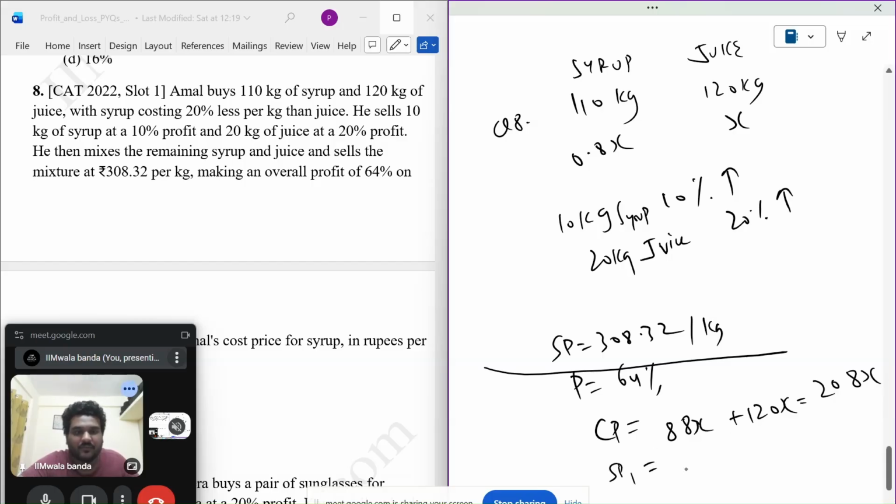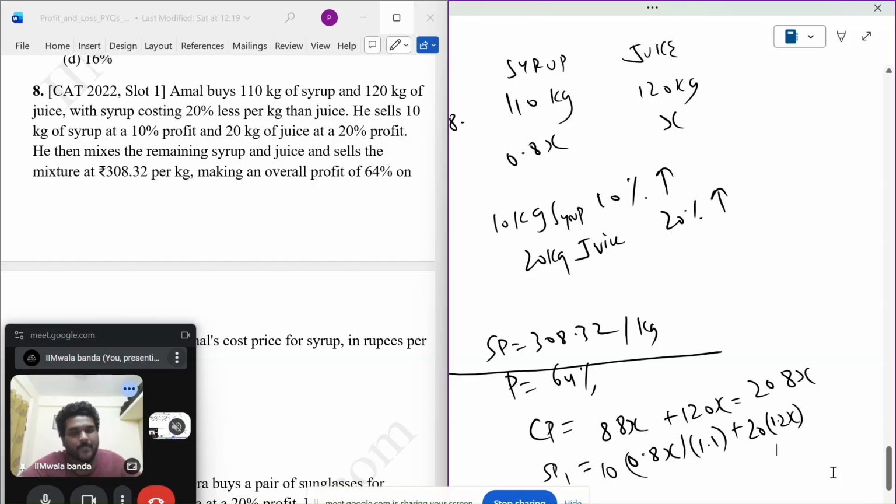Selling price 1 when he sold these two. So 10 kgs of syrup at 10% profit. So 0.8x was the price, which got increased by 10%, and he sold 10 kgs of this amount. And then he sold 20 kgs of x, but increased by 1.2, 20%.